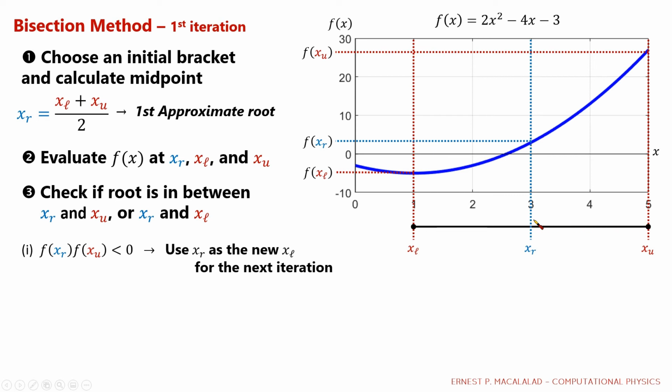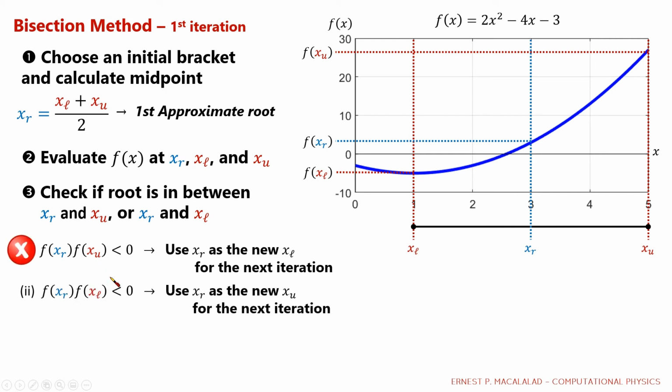Because if the root is in this bracket, f(xr) and f(xu) will have different signs, just like in the second condition. If f(xr) times f(xl) are different in sign, their product is negative. In that case, as you can notice here, the root is found between xl and xr.